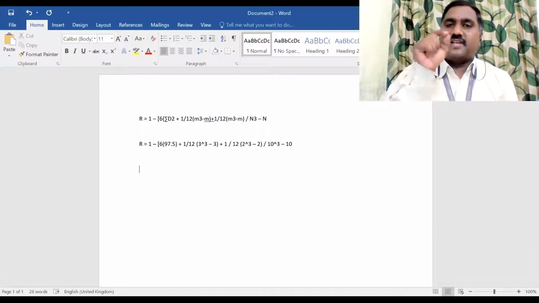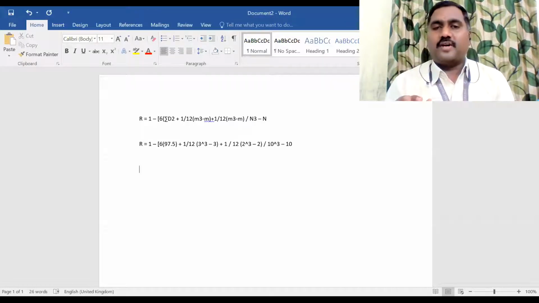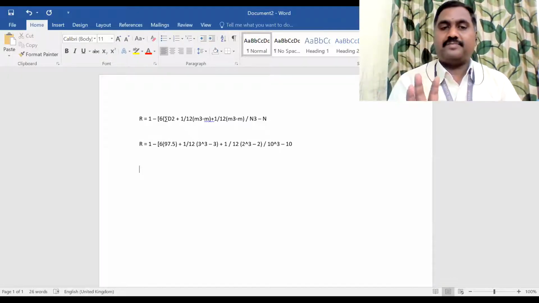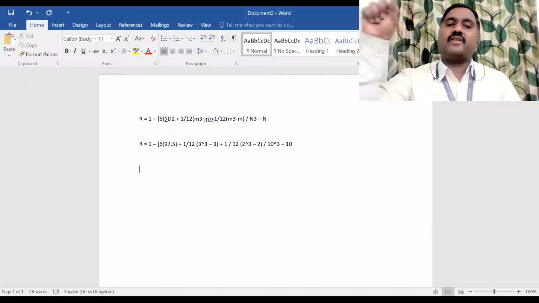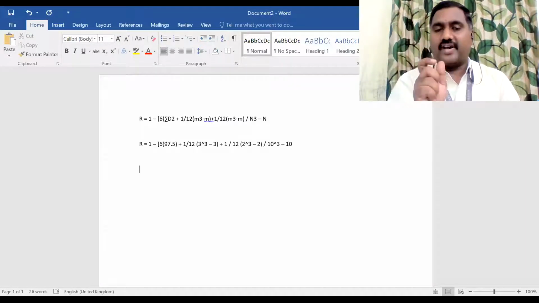Guys, since I'm working in the Word, I can insert the formula, but it will take a lot of time. So that's why I just wrote 1 by 12 with a slash as per the formula. Now you simplify. First you simplify the numerator. First you identify 6 into 97.5, what is the value?